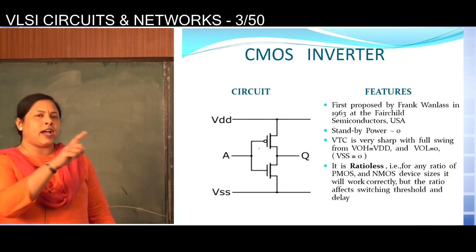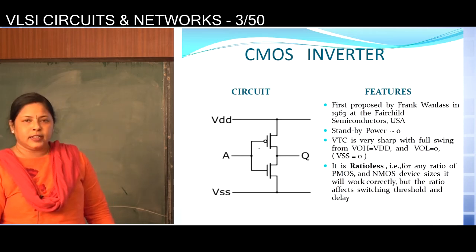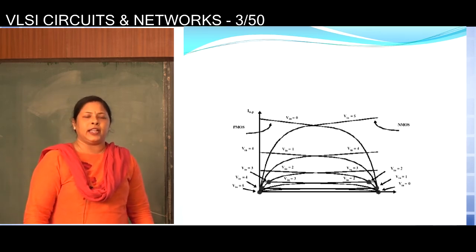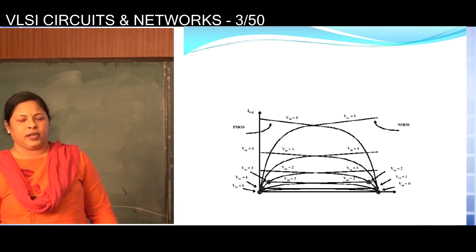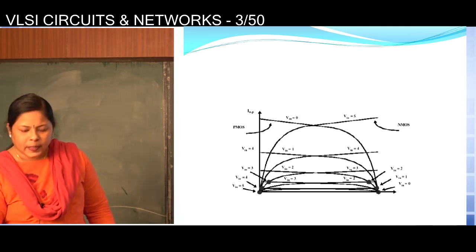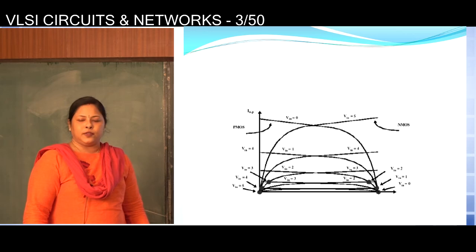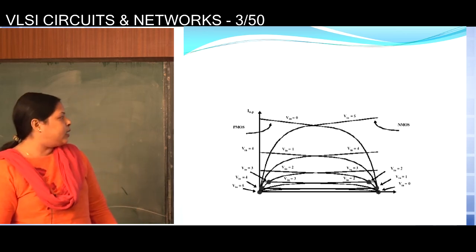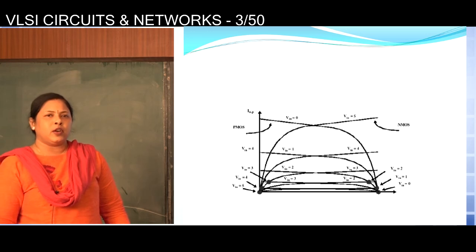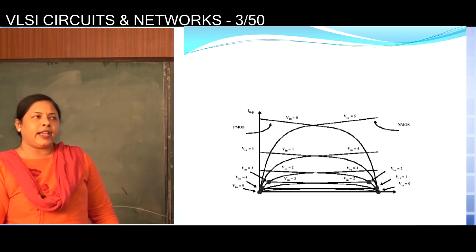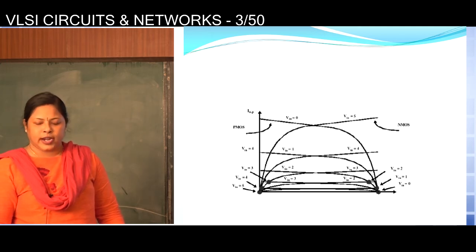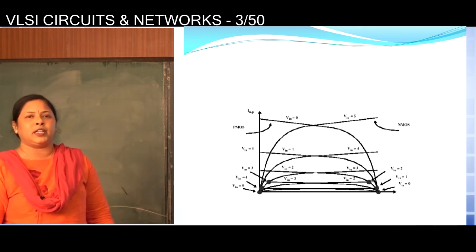So we will get a load curve, and that will actually cut the x-axis at a point, and that will be my first Q point. Now if we increase the input voltage, suppose 1 volt, then again the PMOS transistor will conduct and the NMOS transistor will conduct less. So again from this driver characteristics and load characteristics we will get another Q point.